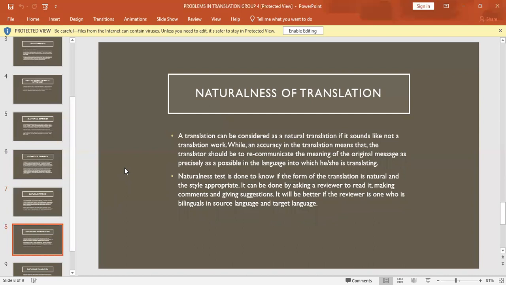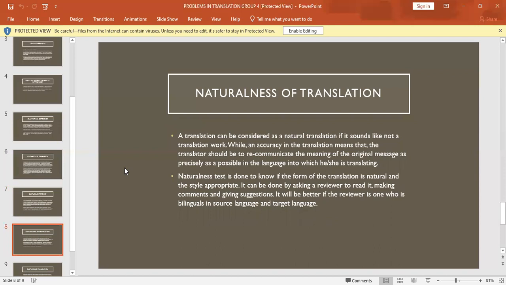Naturalness of translation. A translation can be considered natural if it sounds like it is not a translation. Accuracy in translation means that the translation should communicate the meaning of the original message as precisely as possible in the language into which he or she is translating.